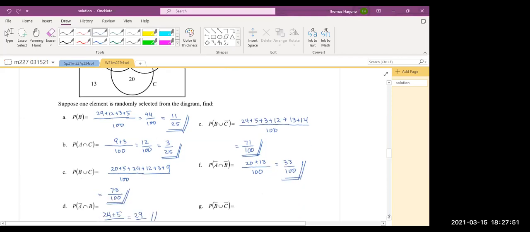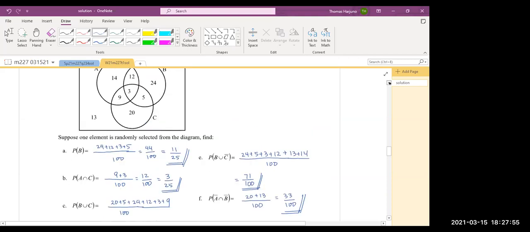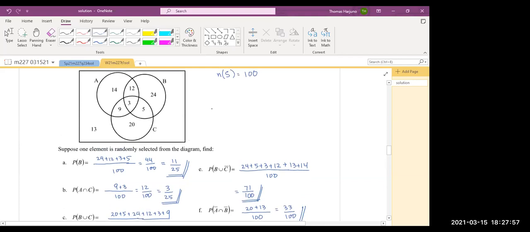How about not B or not C? This one is hard. Probability of not B or not C. Outside of B or outside of C. Because it's an or, then any number that you shade, you will add.